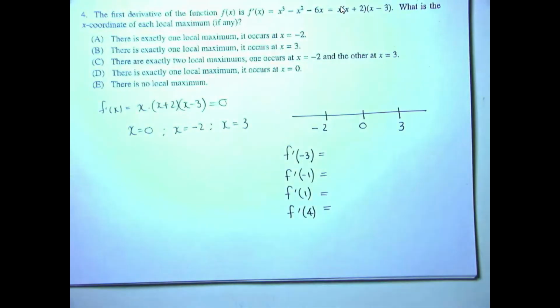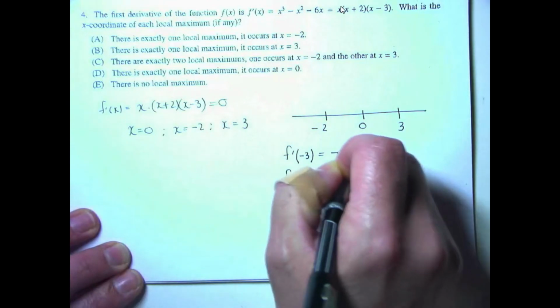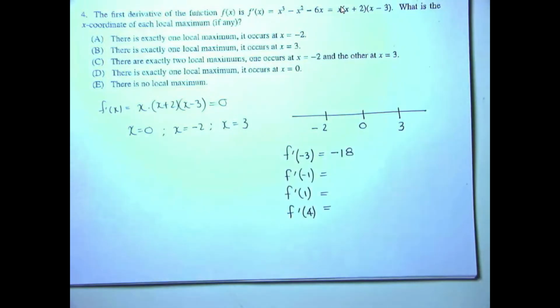All right, and then we need to evaluate. So let's plug in. If I plug negative 3 in there, I will have negative 3 cubed minus negative 3 squared minus 6 times negative 3. So for that, I get a value of negative 18. You can double check me here on your calculators. Next, let's evaluate at negative 1.